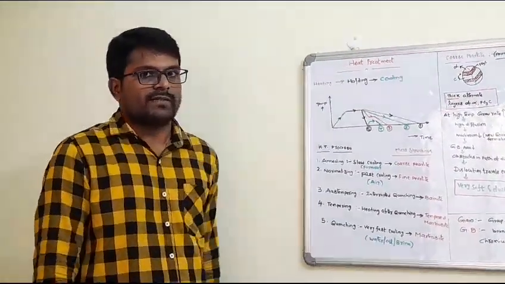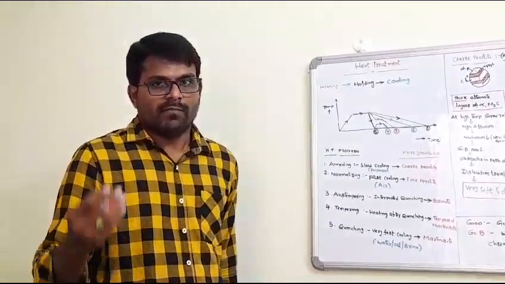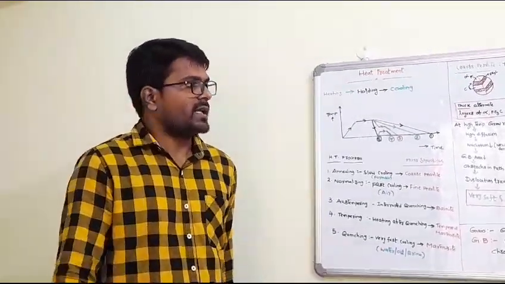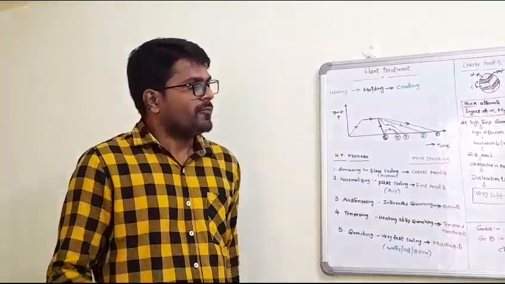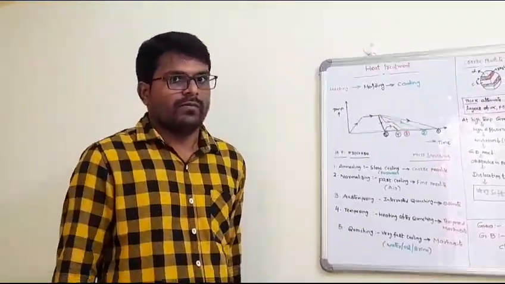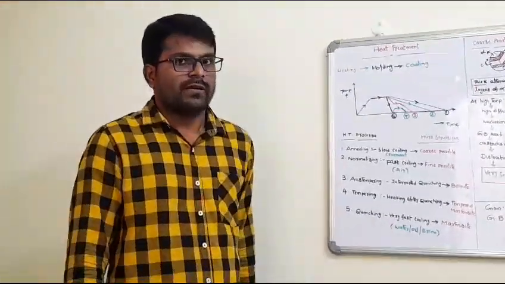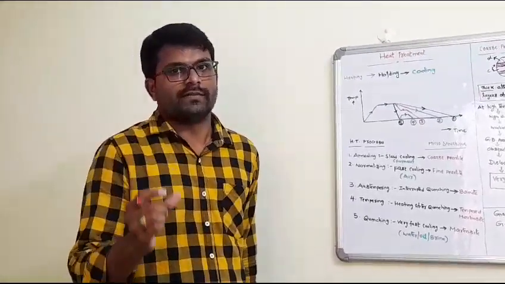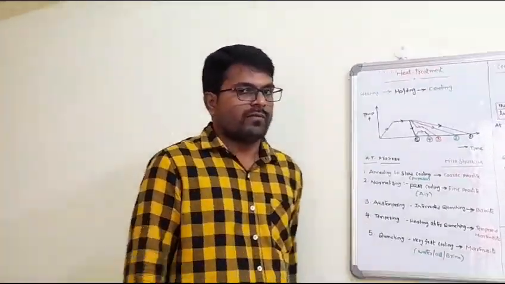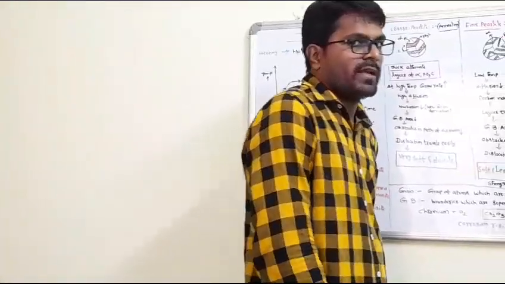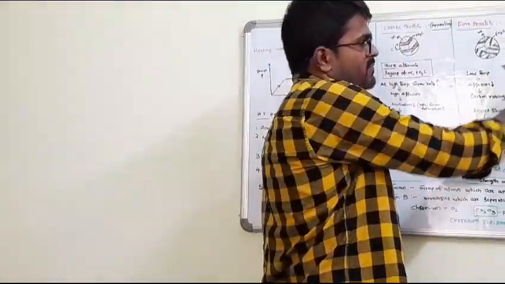See, if you want to design any object or product, before going to manufacturing the product, we have to check the properties. For example, let me take a shaft.